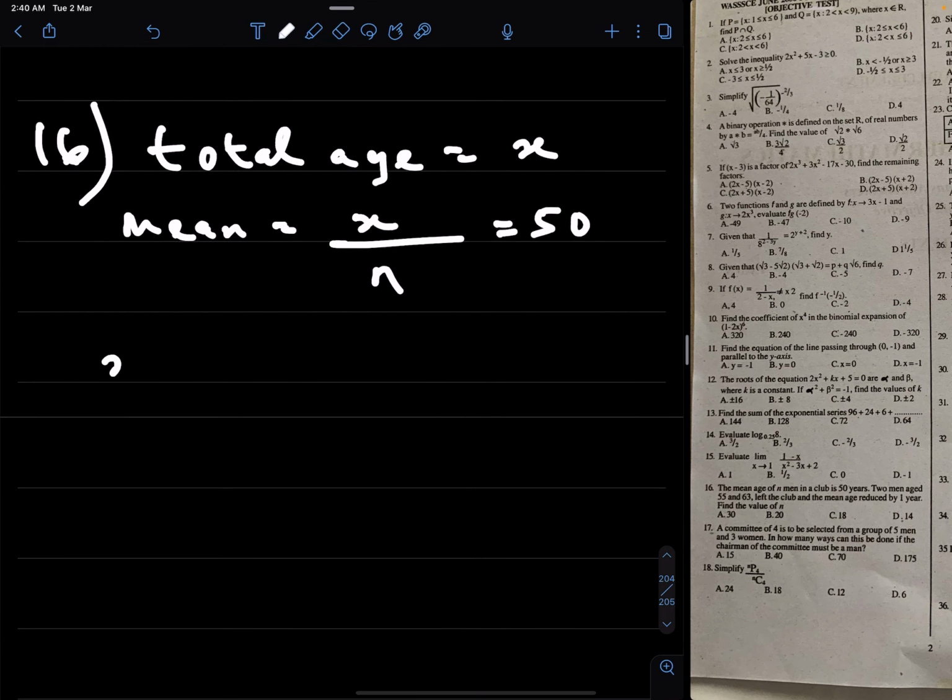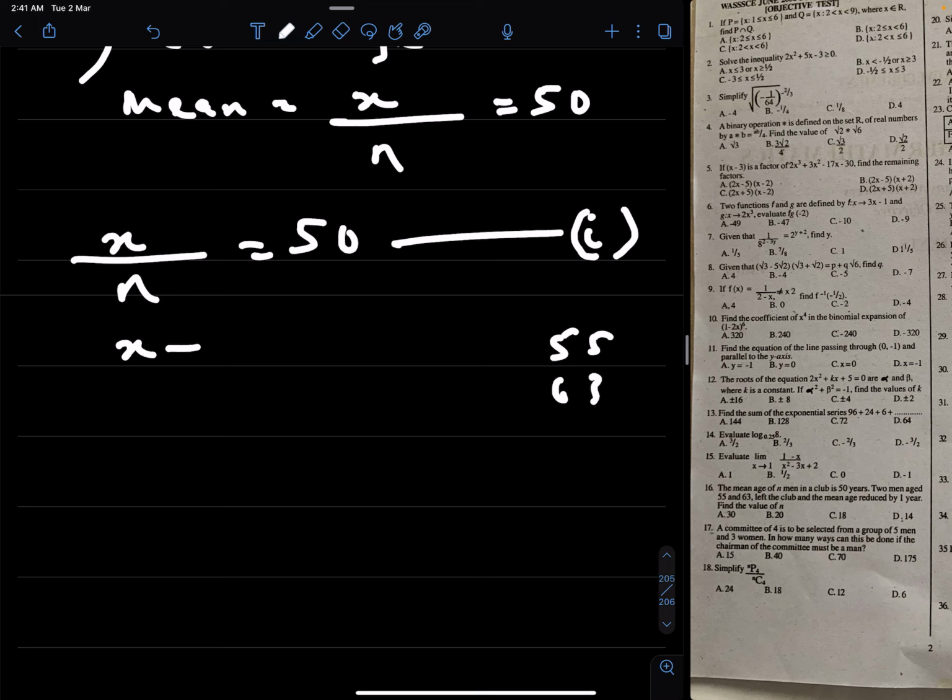When two men of ages 55 and 63 left the club, the mean reduced by 1. That means the total age will now be x minus the sum of their ages, 55 plus 63, that's 118. So the new total age is x minus 118, all over the number of men, which is now n minus 2.